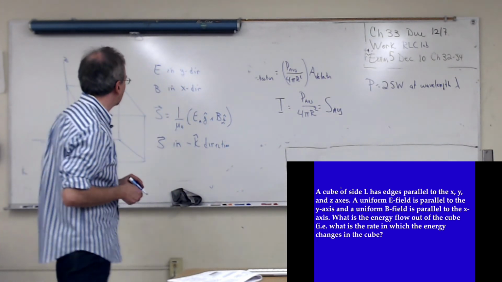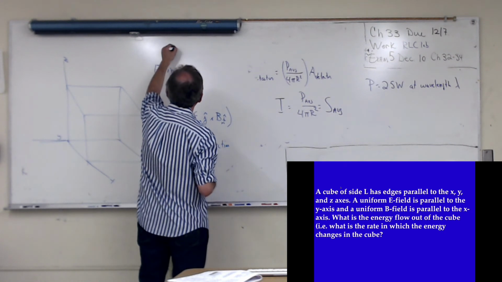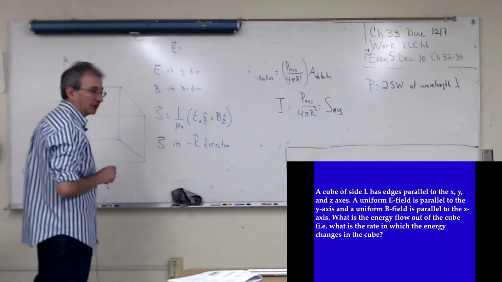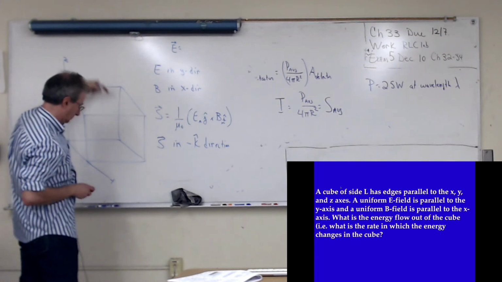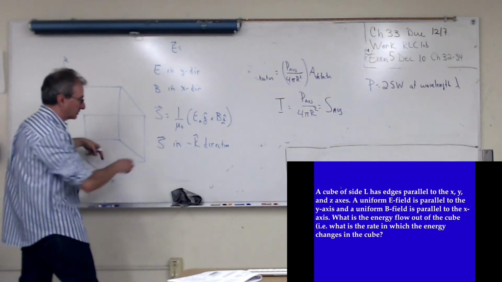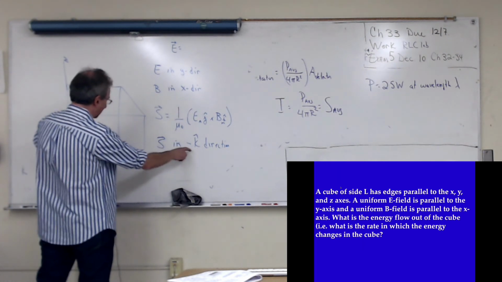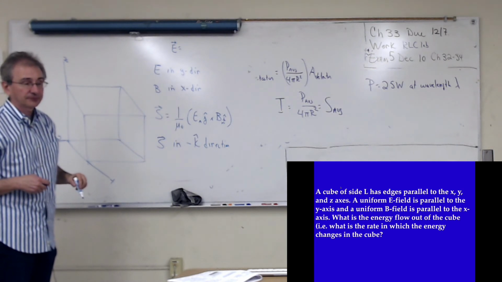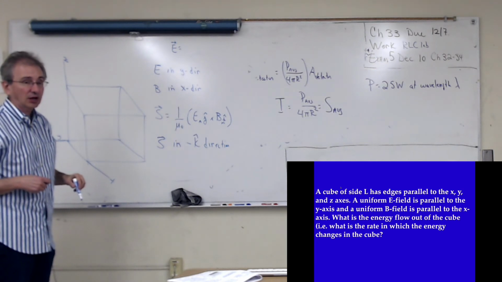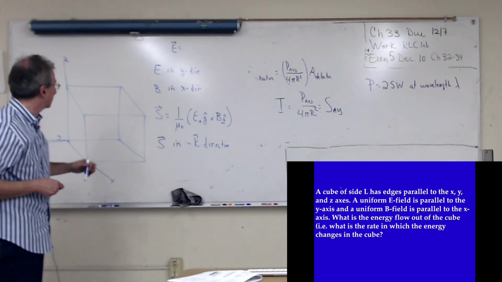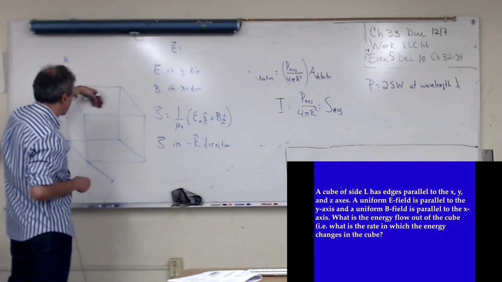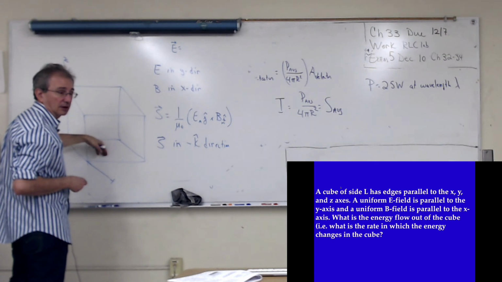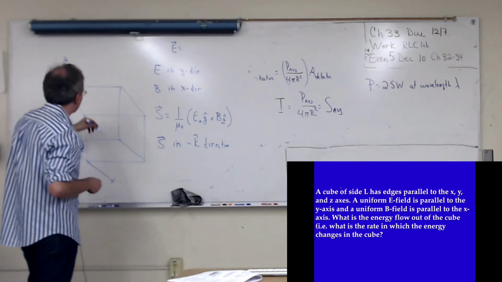So let's assume that the field is uniform. So the wave is traveling this way. Right? This tells you the direction of travel of the wave. True? So all I need to know is the flow of energy through this surface plus the flow of energy through this surface. So S is this way.